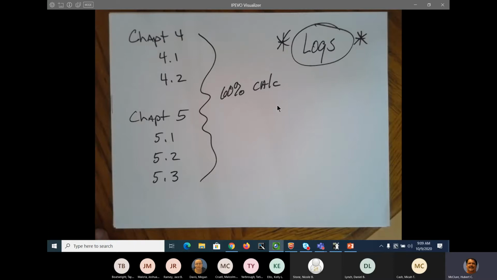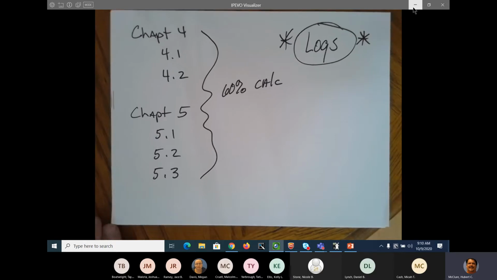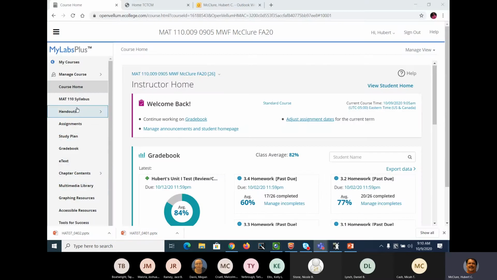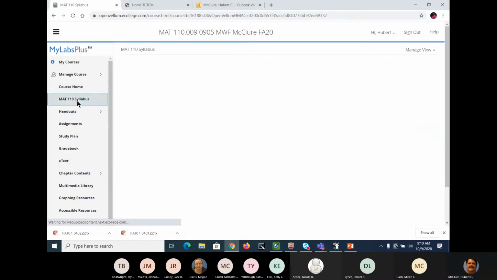So what I want everybody to do this weekend while you're finishing up your test is maybe go ahead and read a little bit of 4.1 and 4.2, just read over it. And a little bit of 5.1, just read over 5.1 through 5.3. The more you read, the more you're going to see that it's a lot of application to calculators. Let me go back to the syllabus.